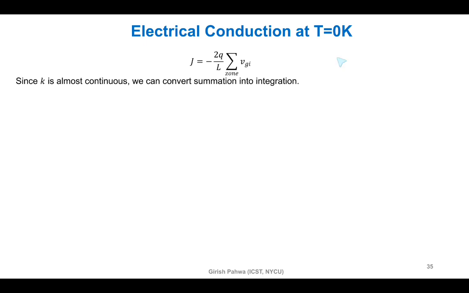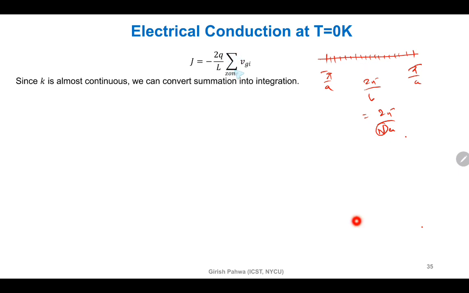You have this zone from minus pi by a to pi by a, and the spacing between any two k values is 2 pi by L, which means 2 pi by Na. This we got from the periodic boundary condition, and capital N is large. We're talking about a lot of atoms, a crystal. So this spacing is going to be very small, so I can assume that k is almost continuous. The spacing is very, very small.